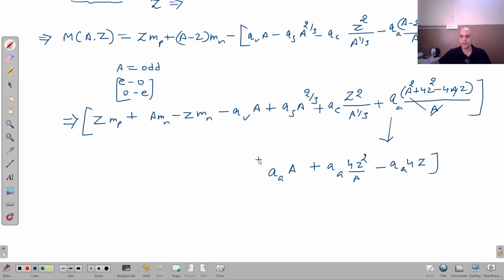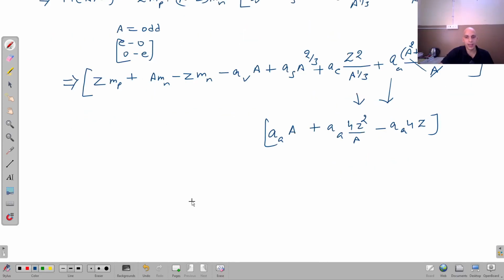So this is the expansion of this term. What we will do now is separate the different terms that have some common factor. I mean, we are going to separate the terms that contain A, Z and Z square. So we are proceeding in the same way as we did in the earlier article.